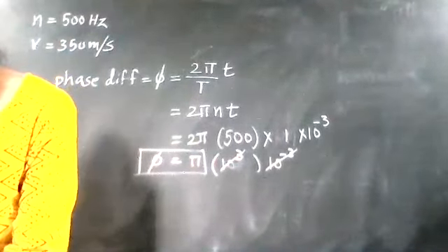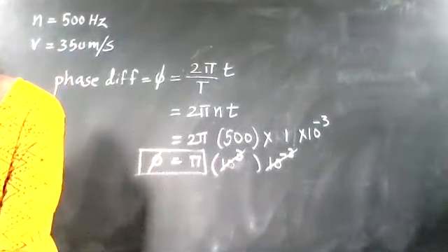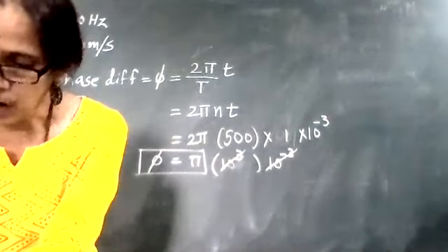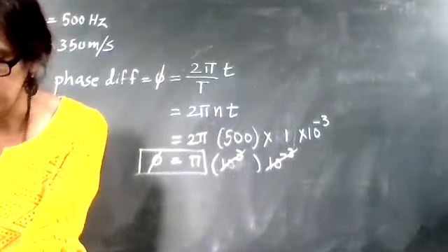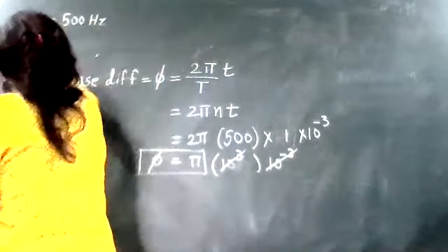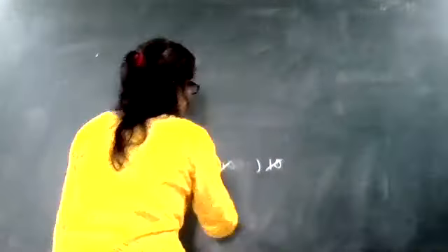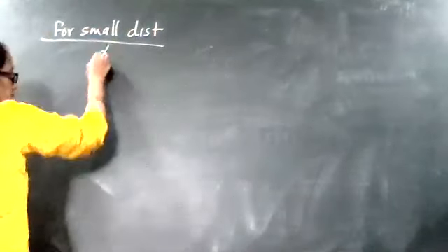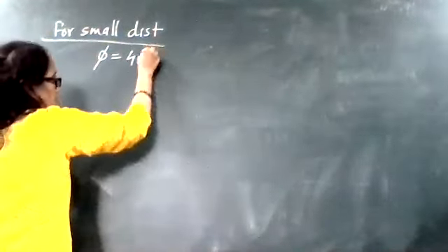Then you also have to answer what will be the smallest distance between two points which are 45 degrees out of phase at any instant of time. So you have to find the smallest distance, right? What is given is the phase difference, 45 degrees.